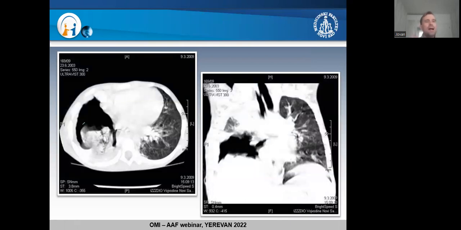So why is lung sliding so important? Because if you forget about it and you just see a bunch of A lines and you think, wow, this lung is perfect, there are a lot of A lines, nothing else, you forget about lung sliding, this can happen.